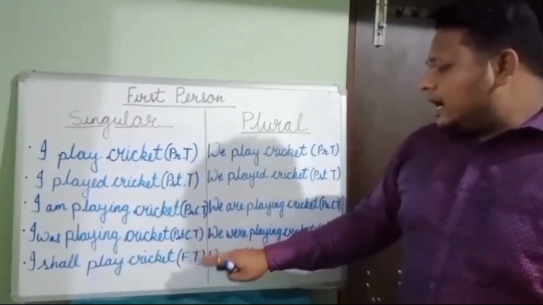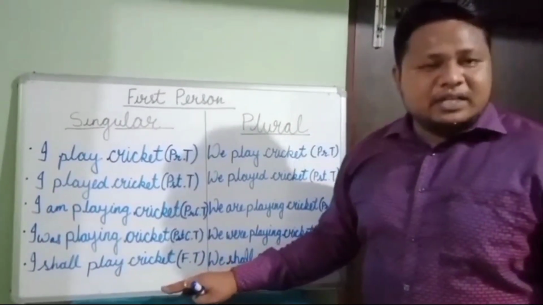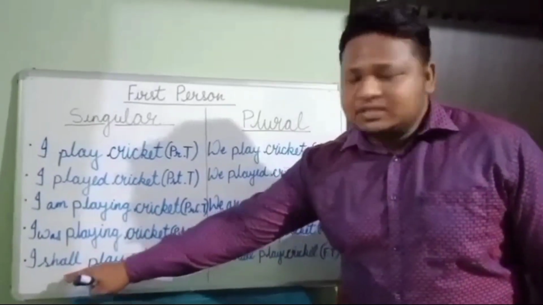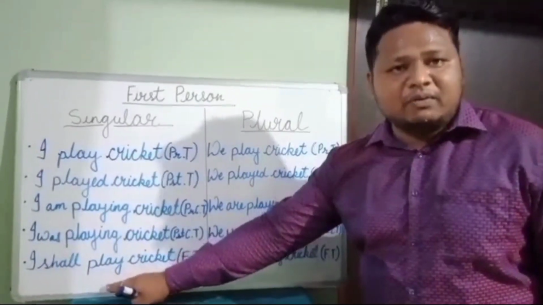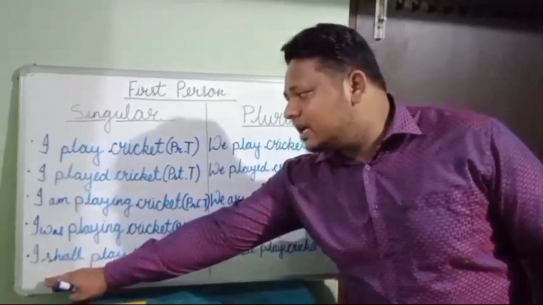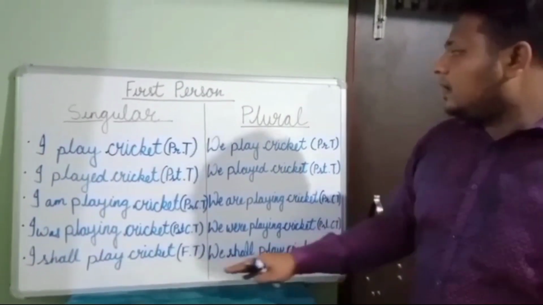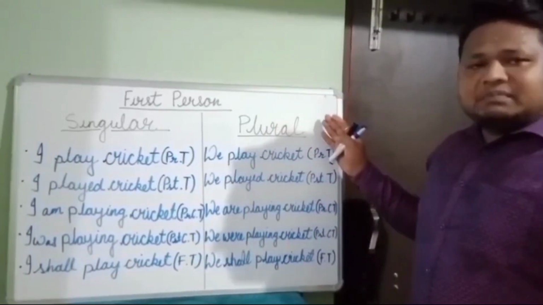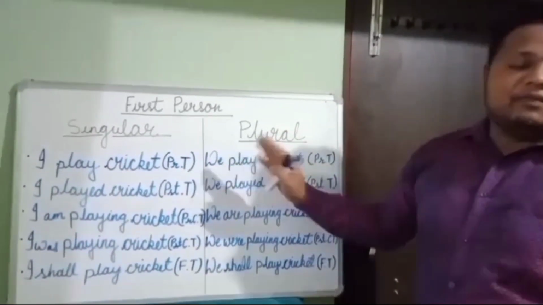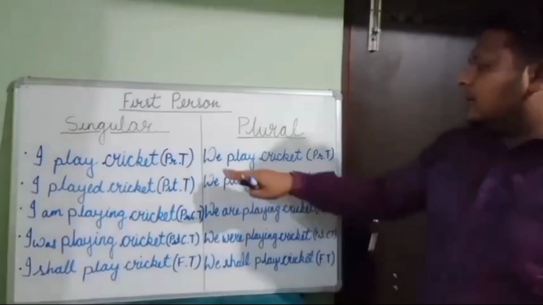In future tense, the auxiliary verb shall is used along with the first form of verb, and the sentence becomes "I shall play cricket."